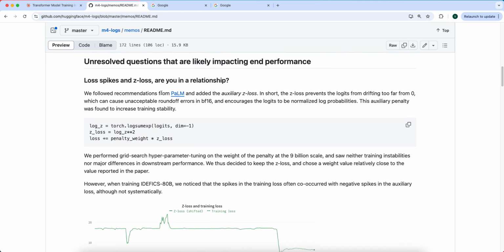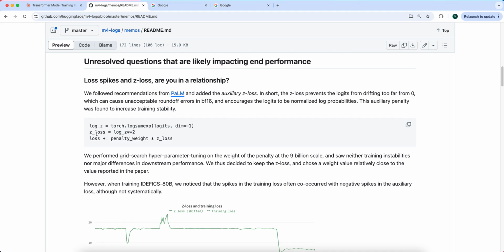We followed recommendations from PaLM, which is the paper we just saw, and added the auxiliary z loss. In short, the z loss prevents the logits from drifting too far away from zero, which can cause unacceptable round-off errors in BF16, and encourages the logits to be normalized log probabilities. The auxiliary penalty was found to increase training stability.